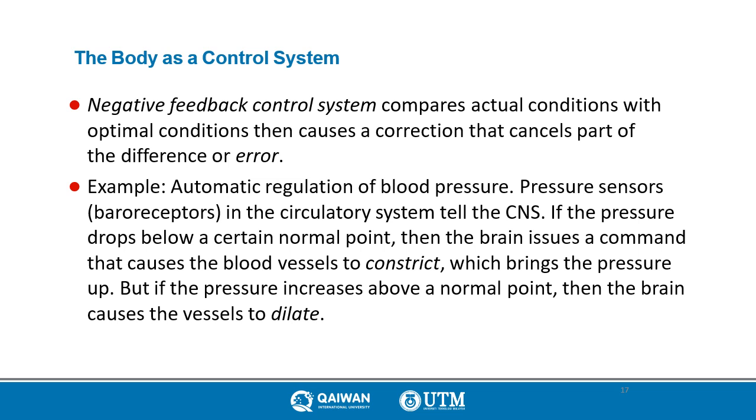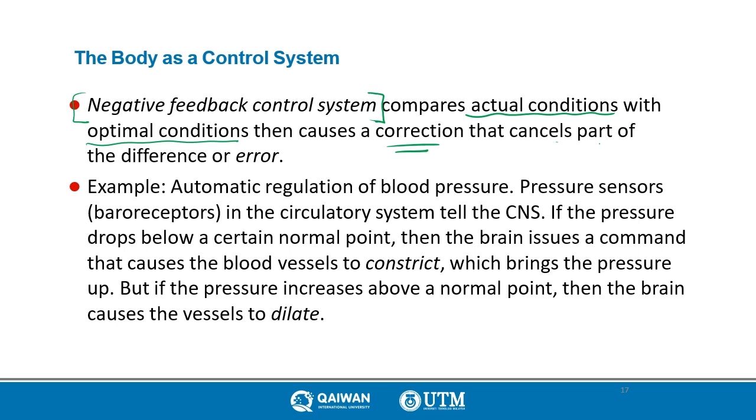The body as a control system: the negative feedback control system compares actual conditions with the optimal conditions, then causes a correction that cancels part of the difference or error. This is a very important process in the human body.